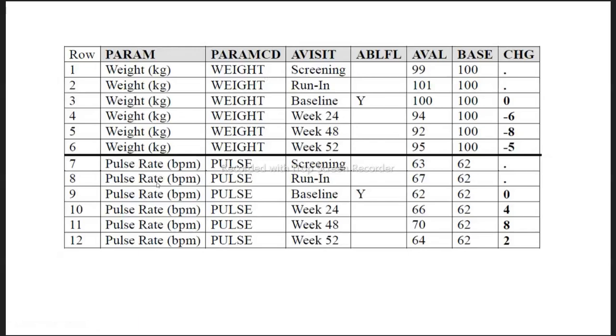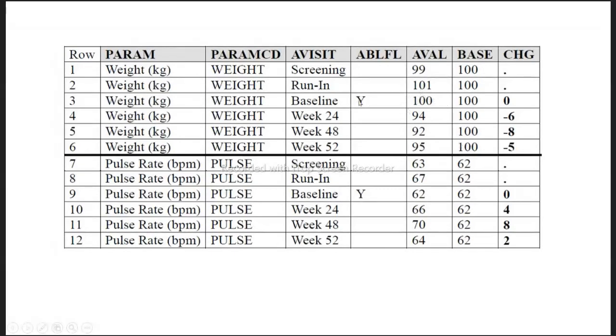And the second one is, while calculating the change, do we have the eval value and base value on the same row or not? We have them on the same row, right? 94 minus 100, 92 minus 100, 95 minus 100, we have them on the same row. And the third one is, did you change the base value? Did you transform the base value, or are you taking the eval value as it is as the base? No, I'm taking it as it is.